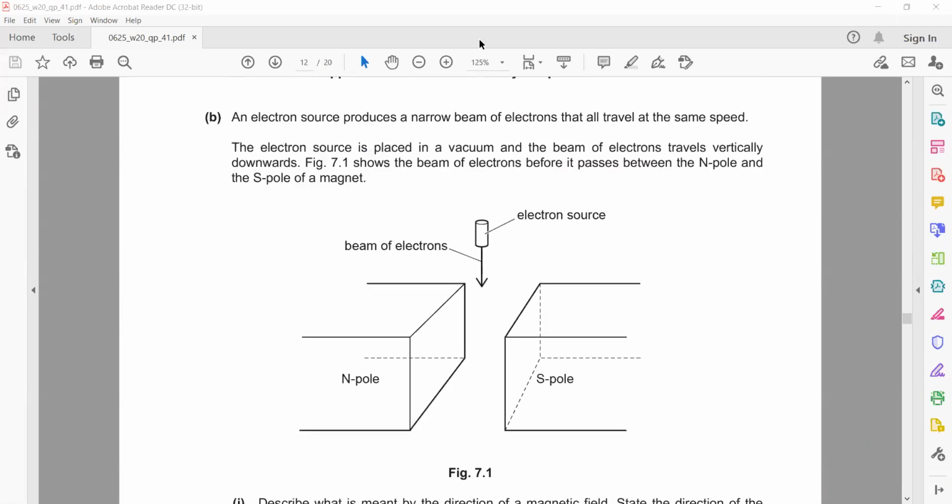So if beta is going into the page, alpha will go out of the plane and gamma will go undeflected. So the directions of deflection of beta and alpha will be opposite of each other, and alpha will have a smaller deflection compared to that of beta, and gamma will not deflect at all. Is this part clear?